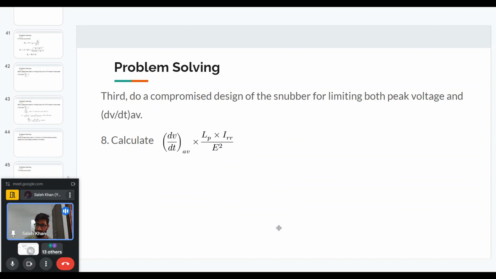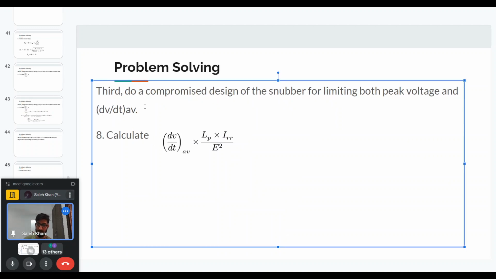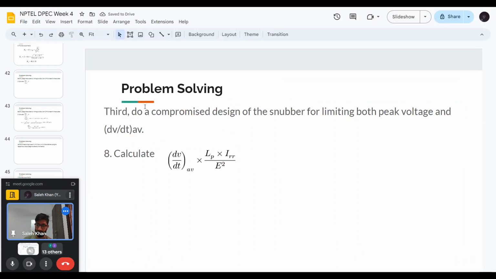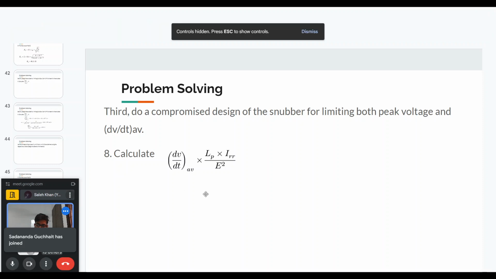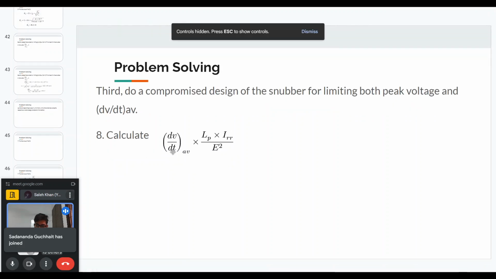Now the third design is the compromise design. Basically we have to find the value of this term, dVdt average times LP times IRR divided by E square.